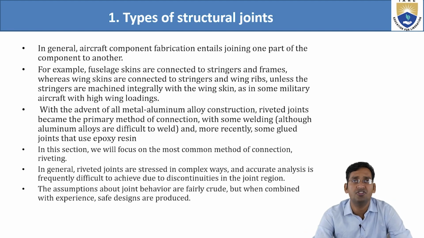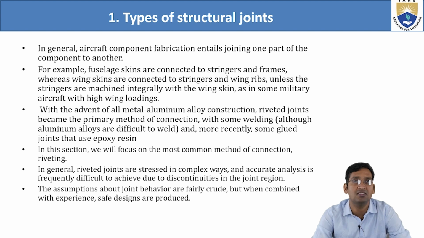So let's start with the first topic, the type of a structural joint. In general, aircraft component fabrication entails joining one part of the component to another. So if we have to join one part to another, definitely some joint will be there. How to join so that it will be rigid and fixed, and it won't get damaged during the flight.